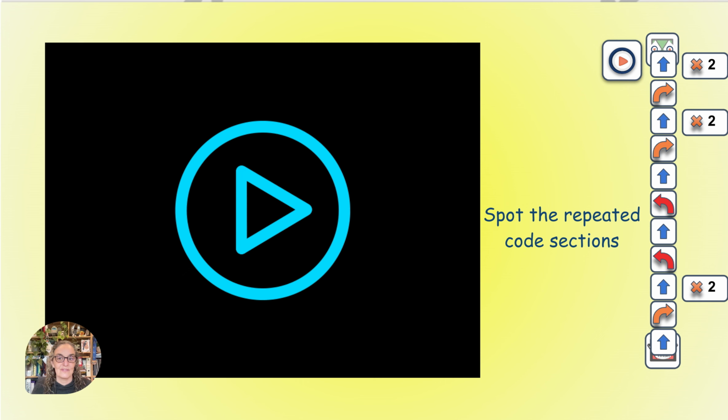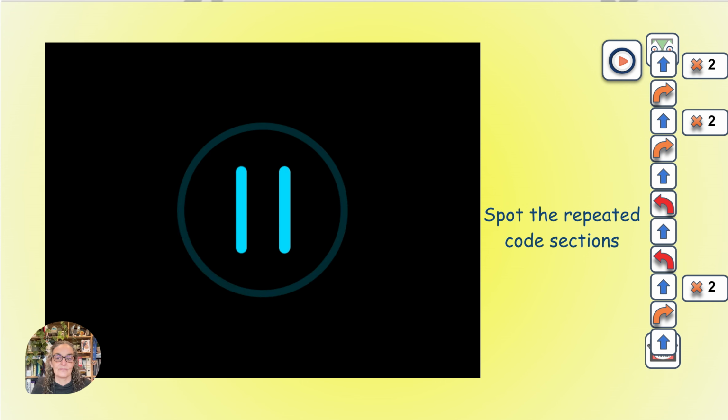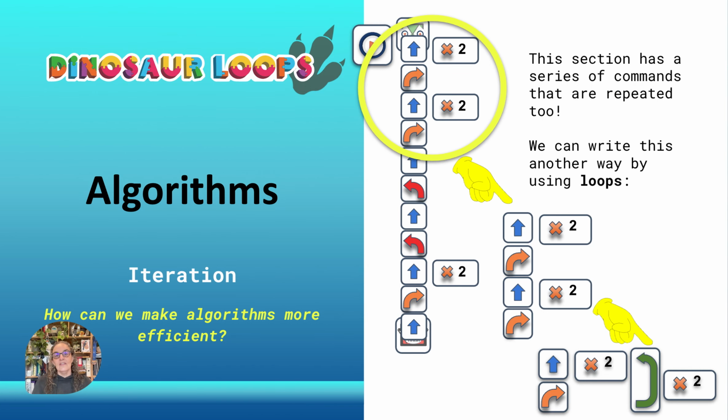The next step is you carry on with iteration and start to use what we call loops, right, which is this green card here. So in this activity, what you do is you now look for repeated sections or series of commands.